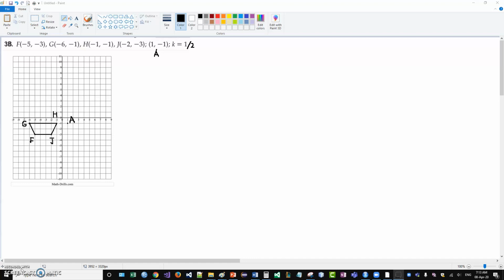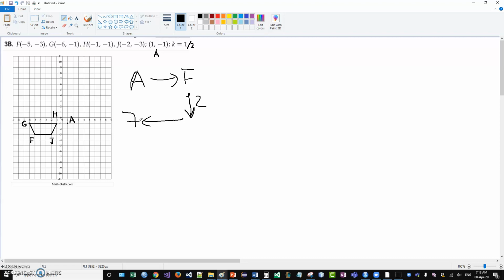All right, let's see. So first of all, how do we go from point A to F, for example? Okay, from point A to point F, we're going down 2, and we're going left 1, 2, 3, 4, 5, 6, 7. Okay.